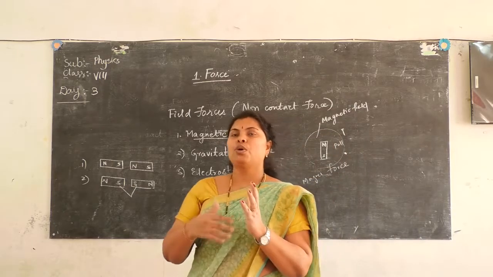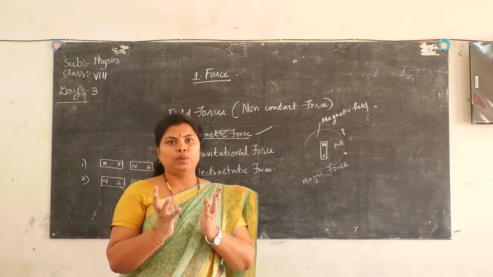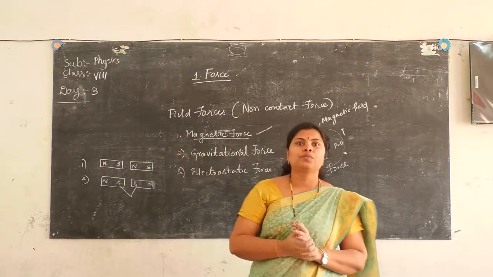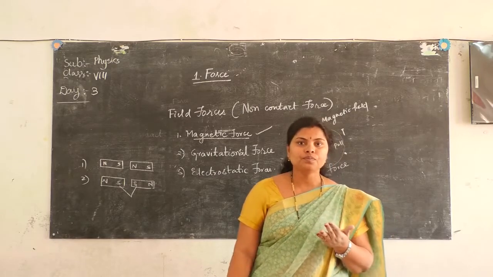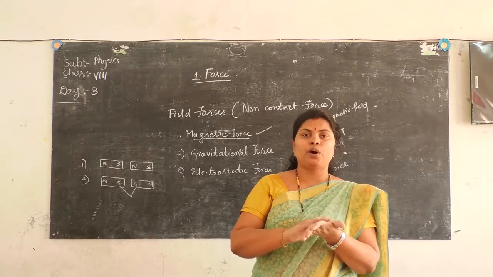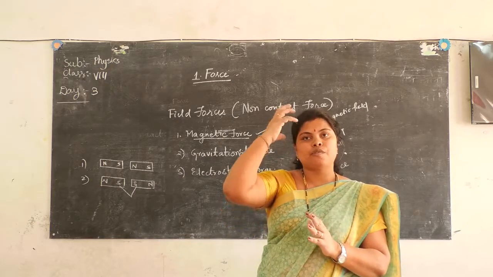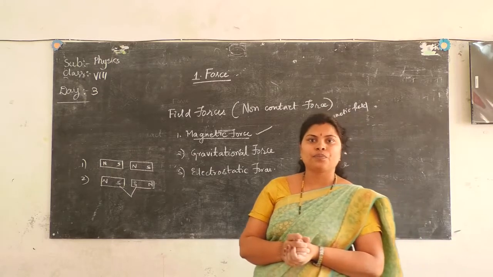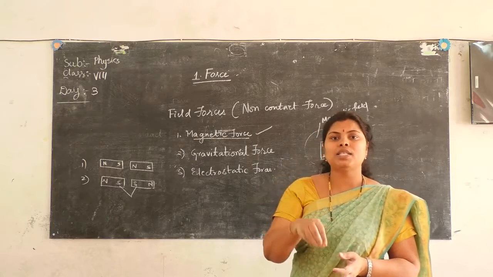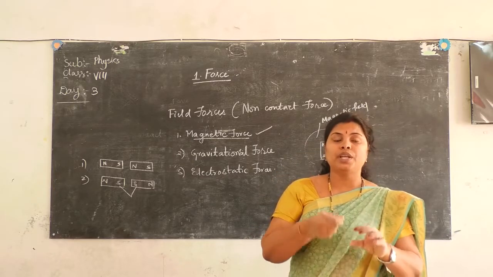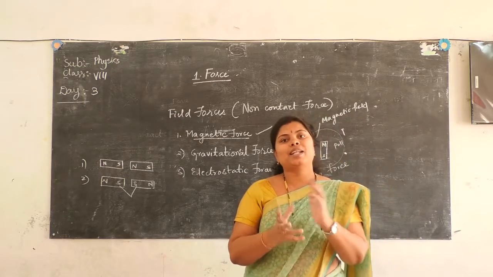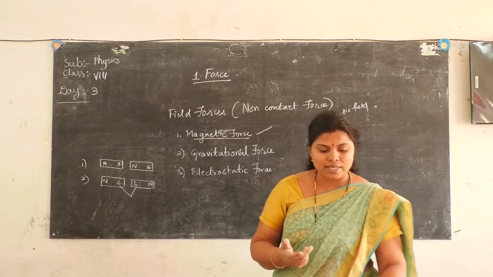See, to understand more, you take a balloon and inflate it with air. Now you rub it on your oily hair. What happens on rubbing? Because of friction, the surface of your balloon gets charged. Now this charged balloon, when you bring it near the bits of paper which are uncharged, attracts them. What do you think is happening here?